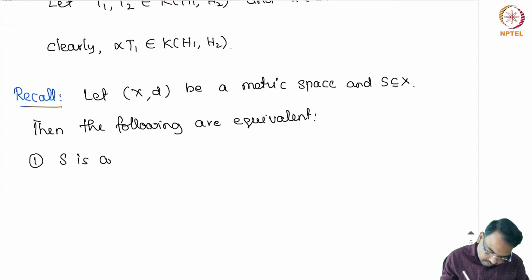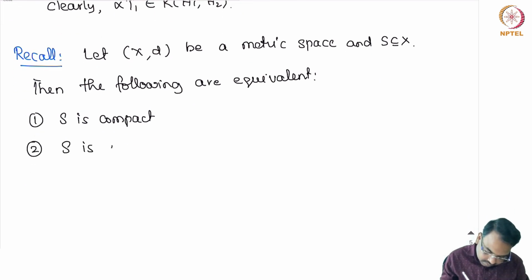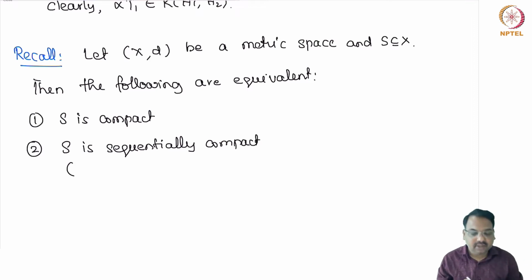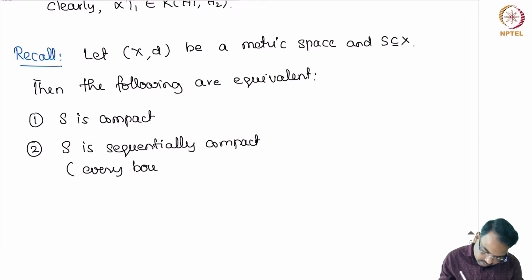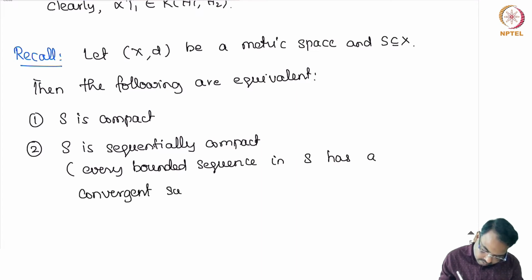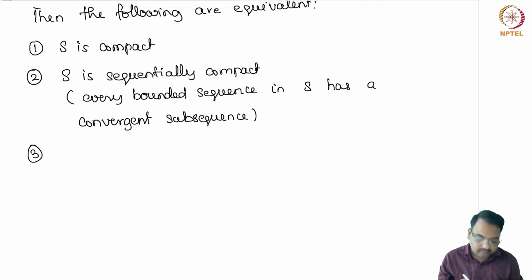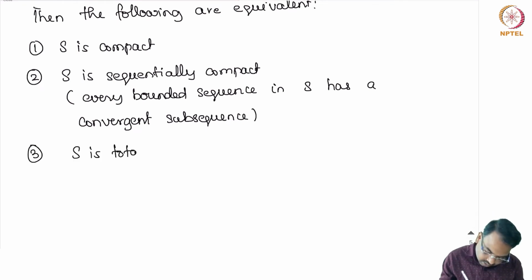S is compact; S is sequentially compact, that means every bounded sequence has a convergent subsequence; and the third condition is S is totally bounded and complete.